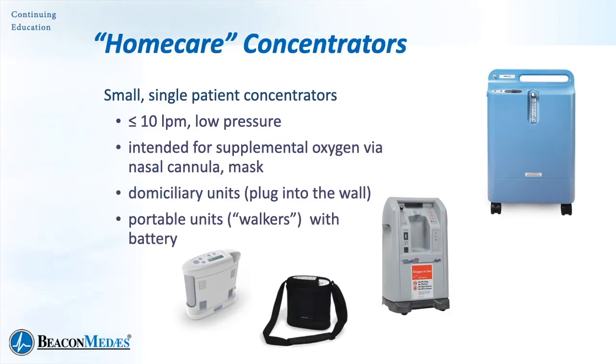So, concentrators come in different forms, different sizes, and for different purposes. Probably the one most of us would be familiar with would be the Homecare style concentrator. They're intended for a single patient. They'll produce typically less than 10 liters a minute at a low pressure. So they're not intended like a pipeline to have a high pressure.